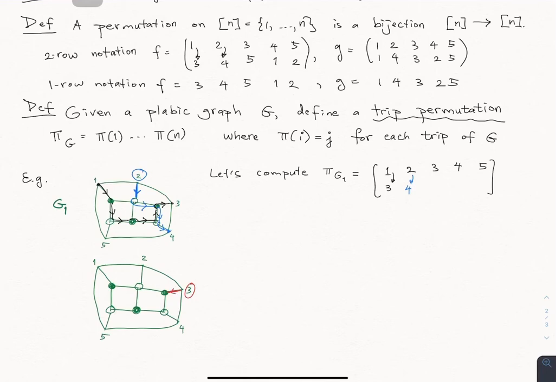I see a black vertex, so I turn maximally to the right. I see a white vertex, I turn left. I see a black vertex, I turn right. I see a white vertex, I turn left, and I end at 5. So 3 goes to 5.